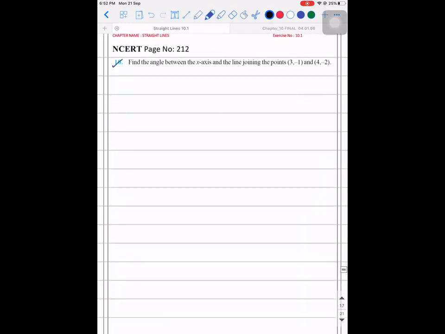Find the angle between the x-axis and the line joining the points (3, -1) and (4, -2). The point (3, -1) belongs to this quadrant.